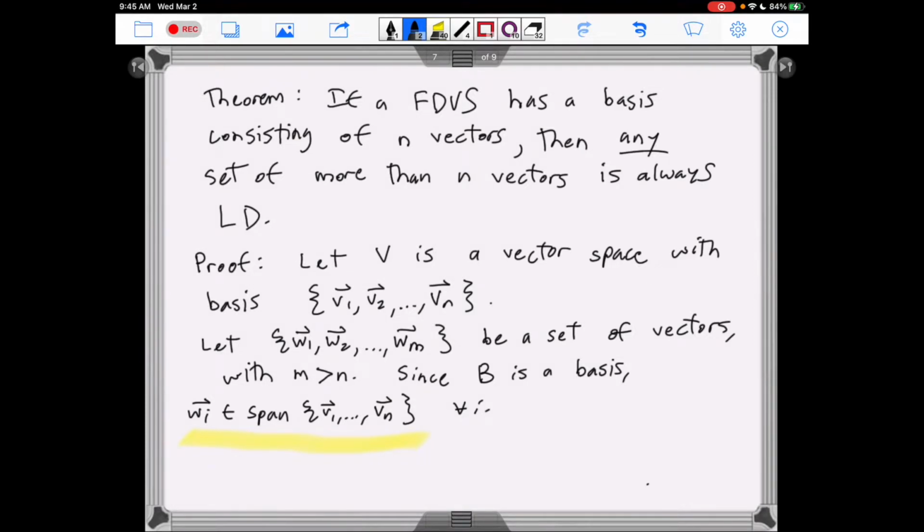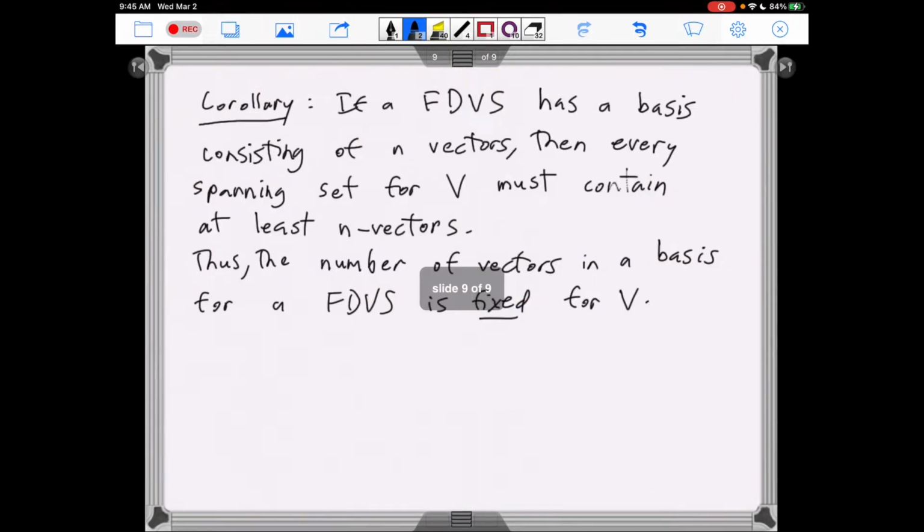So this means if you have any more vectors than you have in a basis, you can't be linearly independent. And this corollary says if you have any less vectors, you can't span the whole space. So this means we have a special number now associated to every vector space. You can imagine what we would call this number. We've been using this number loosely. We call this number the dimension of a vector space.